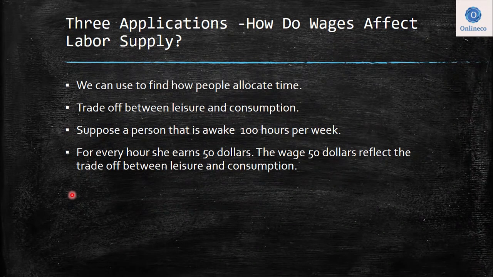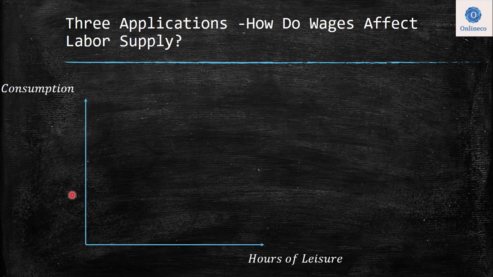Why? Because if you don't work, you cannot get that money to consume. Then we have Y, consumption, and hours of leisure is X. How you allocate them in that way doesn't matter; you can locate them the other way. It's okay. So then we have here 100 and 5,000. Why? Because here this is measured by hours of leisure.